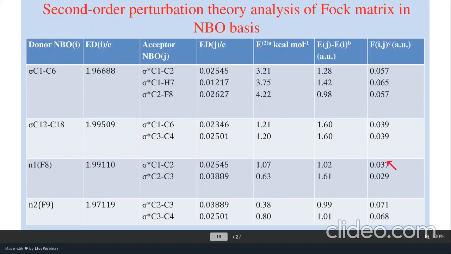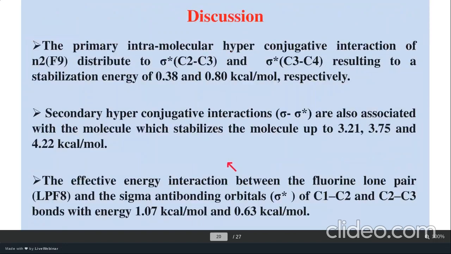After that, the effective energy interaction between the fluorine lone pair, that is LP F8, which can be denoted in terms of N1 and N2, and the sigma antibonding orbitals sigma star of C1-C2 and C2-C3, with energies 1.07 and 0.63.